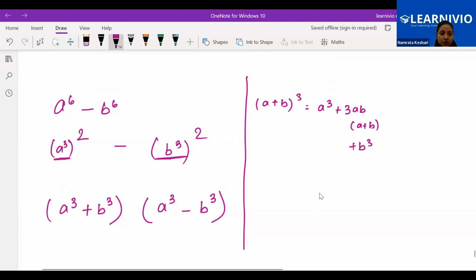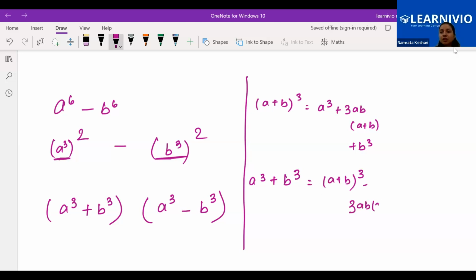Just a moment, let me check, are we making any mistake? No, this is what we are going to get. A cube plus b cube formula we can get from here as well. That is a plus b whole cube minus 3ab in bracket a plus b.